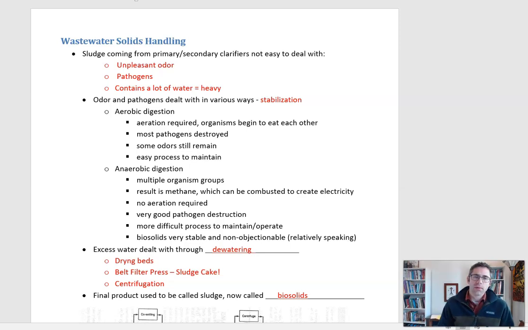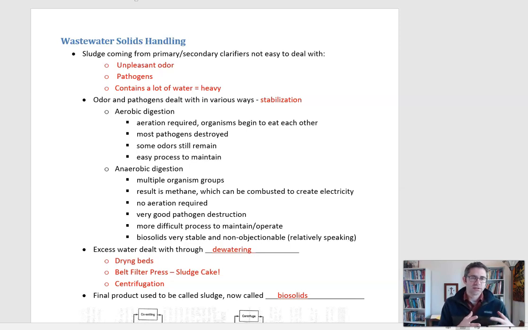And there's three primary methods. One is called lime stabilization, and I'm not going to talk very much about that because essentially what's done there is you just pile the biosolids up and add a bunch of lime, which is calcium hydroxide. And that lime has various ways of killing or deactivating the pathogens as well as keeping the odor down.